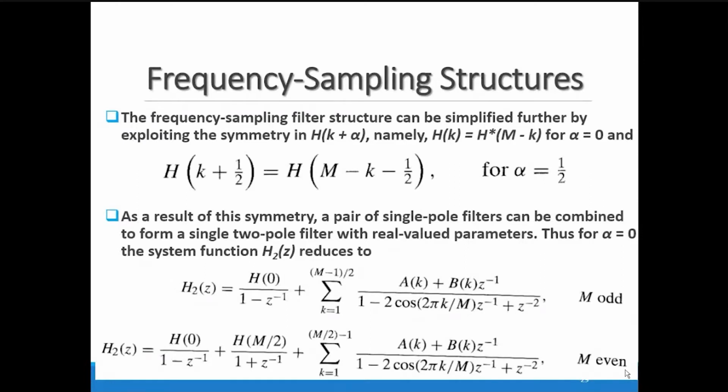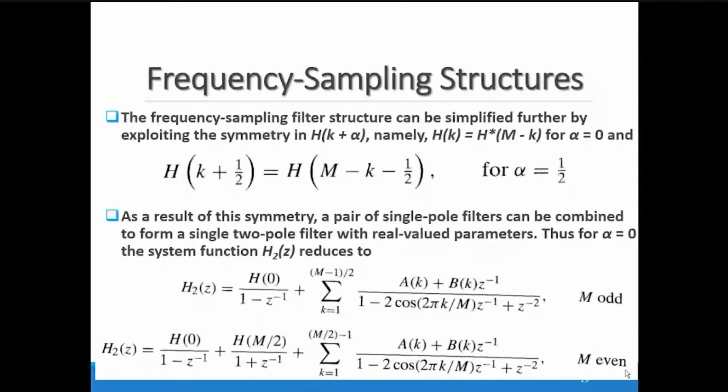Using this symmetry, filters having a single pole are combined together to form a single two pole filter, so we get one filter having two poles with real valued parameters. Thus for alpha equal to 0, the system function H(z) reduces to the following. Now we are considering the specific case of alpha equal to 0.